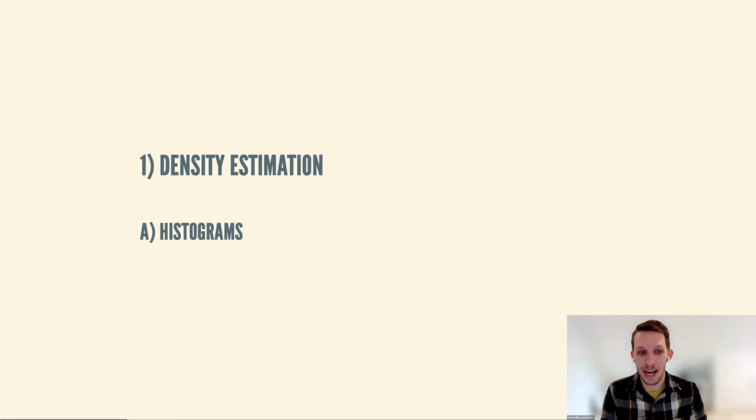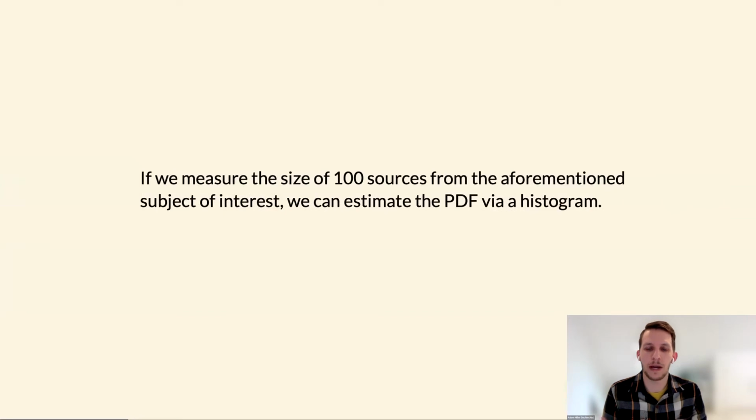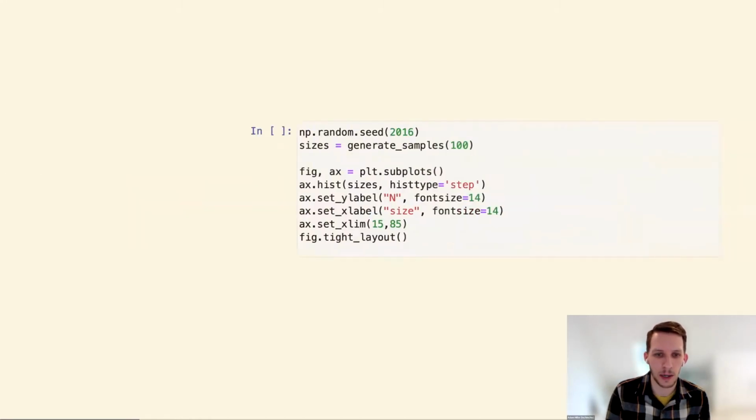Nevertheless, a histogram is actually a form of unsupervised learning. We're trying to estimate what is the PDF for some data for which we have made observations. So let's assume we've measured the size of 100 sources from the aforementioned big and small, whatever the thing is that's made in nature. The PDF can be estimated with a histogram.